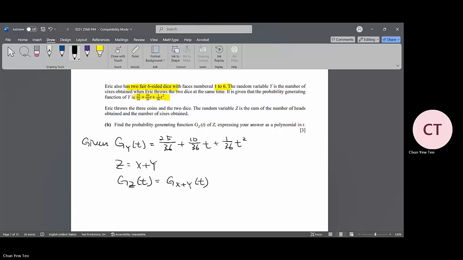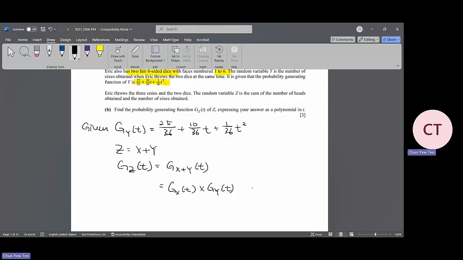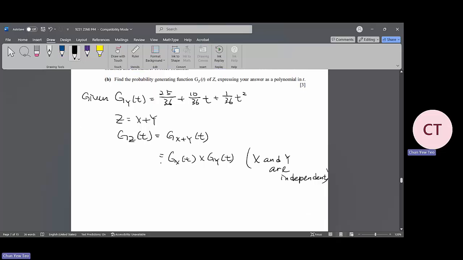Because here it is the sum of the number of heads, this will be G_X(t) multiplied by G_Y(t), since X and Y are independent. Then you can make this become a multiplication.